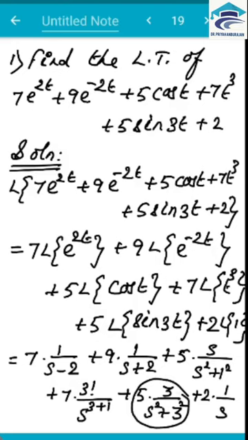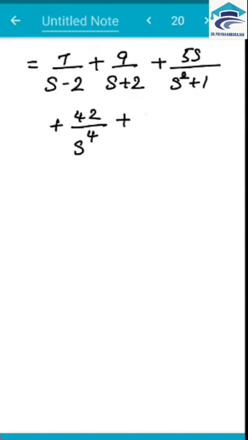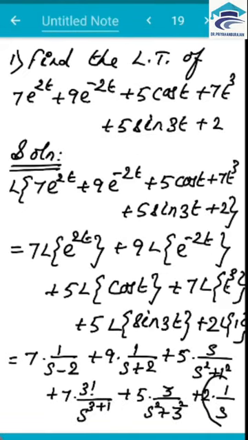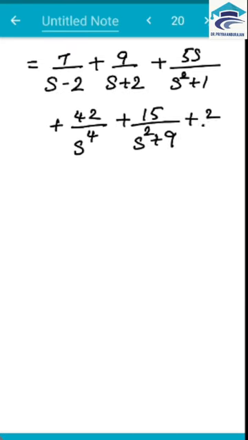So 15 by s squared plus 3 threes are 9, so s squared plus 9. The next term is 2 by s. So plus 2 by s. So this will be the answer.